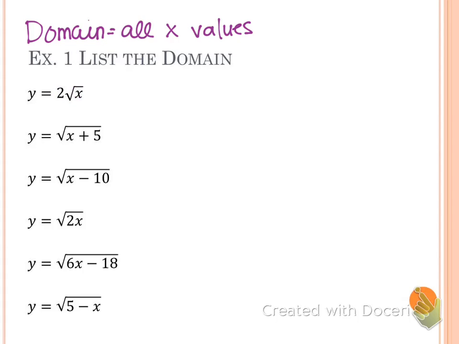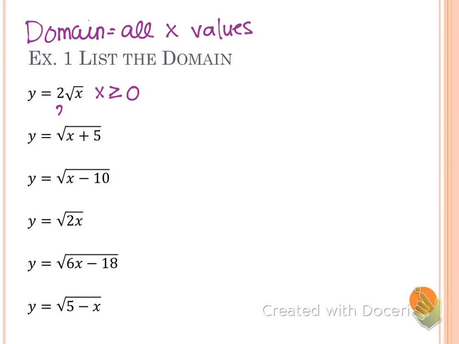Okay, if I had a problem that looked like this, square root of x minus 3, what's the only thing underneath the radical? The x. As long as x is the only thing underneath the radical, as long as x is greater than or equal to 0, then that's going to be my domain. x can be any number that's greater than or equal to 0.